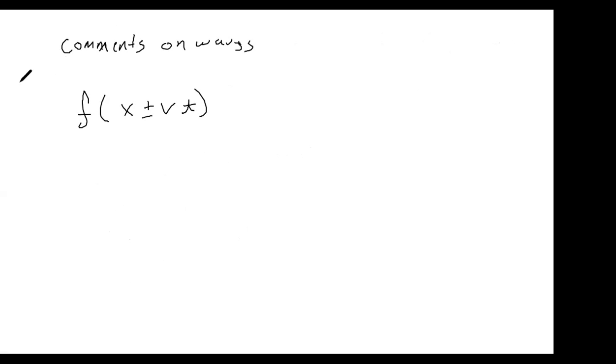This is really a 1D wave, but even though the waves I wrote down in the video are in 3D, they behave as if they're only 1D because they're plane waves. So I have two choices of signs, minus and plus. What would be the difference in the two kinds of solutions?